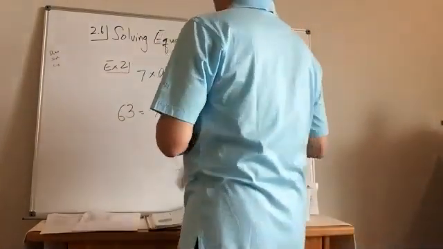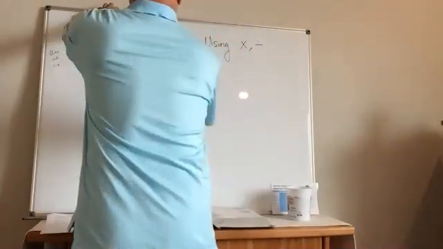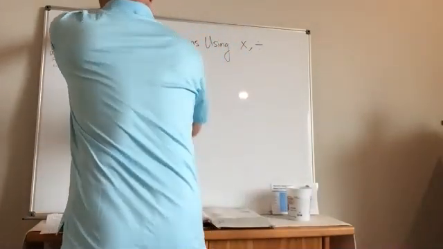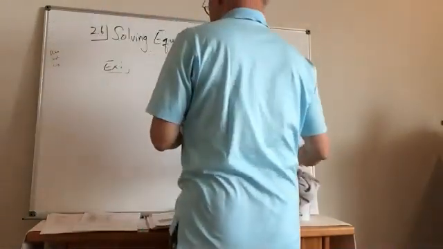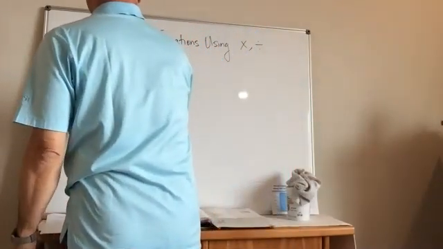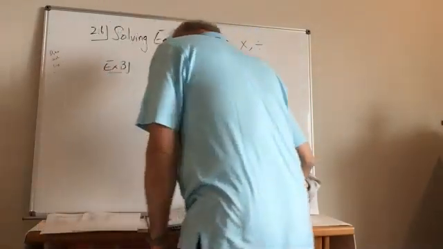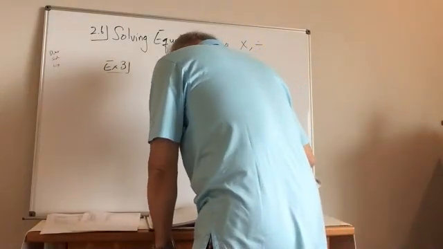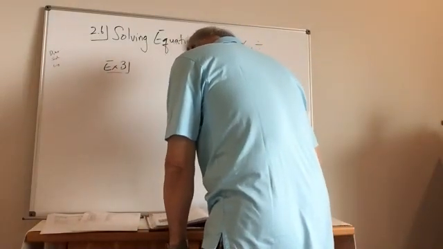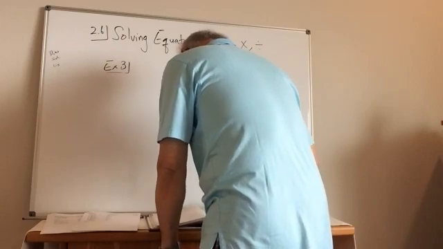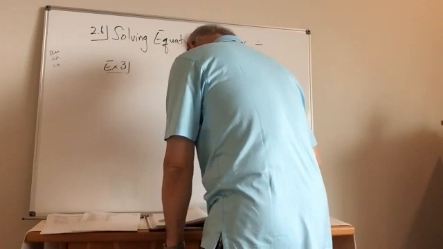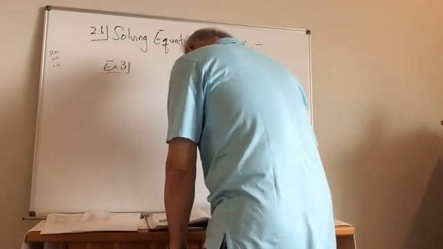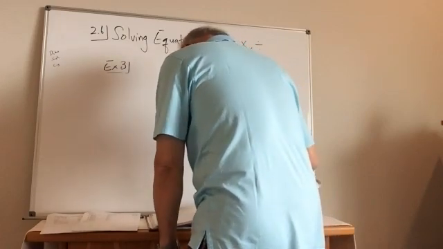Okay. Let's go on to example number 3. On January 4th, 2003, the SOHO spacecraft detected solar wind traveling about 2 million kilometers per hour. The sun is about 150 million kilometers from the Earth.